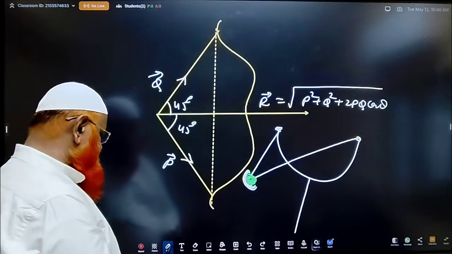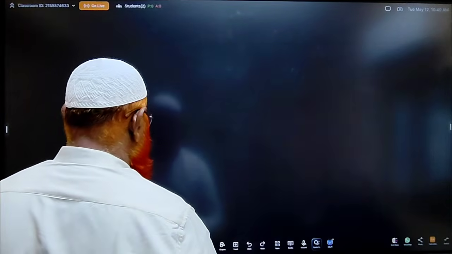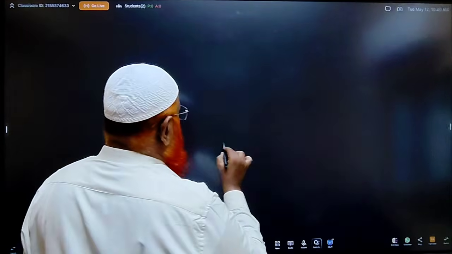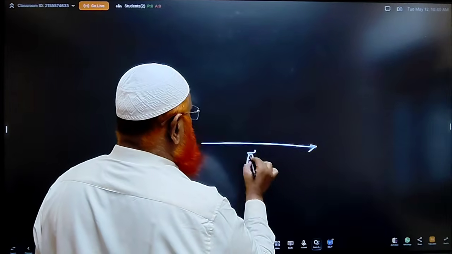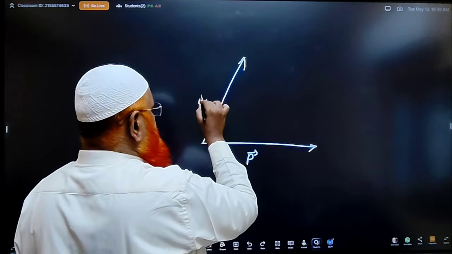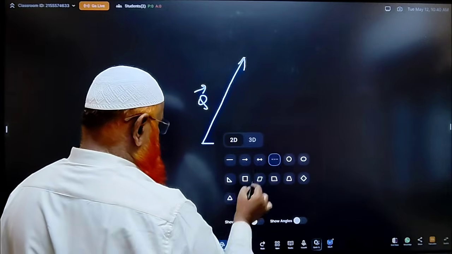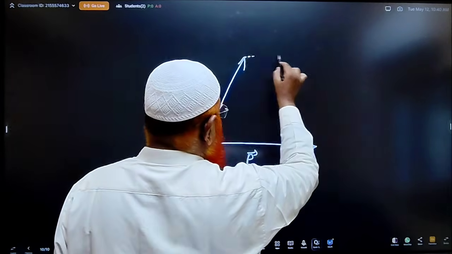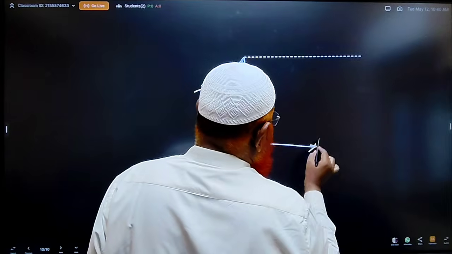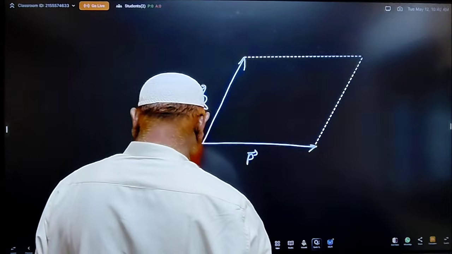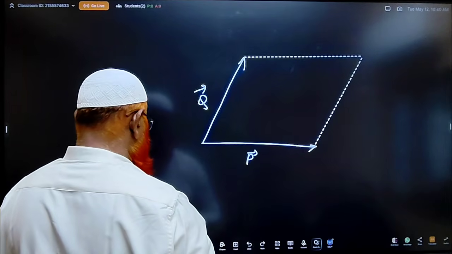So how does this parallelogram law work here? I am taking this as P bar. And this is going to be Q bar. Then what will I do? I'll close them like this, in this direction. So what is going to be the resultant now?